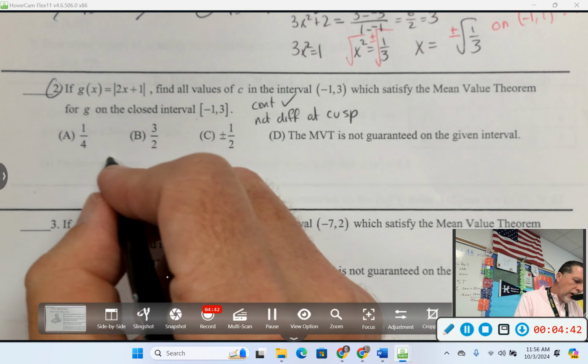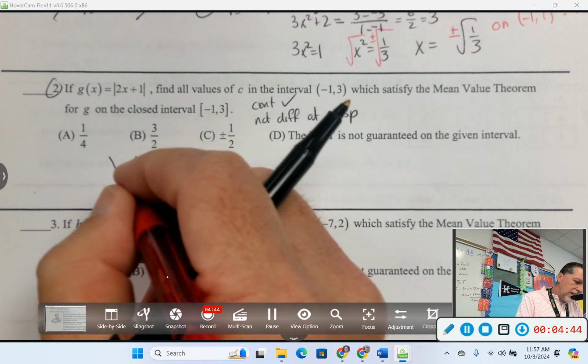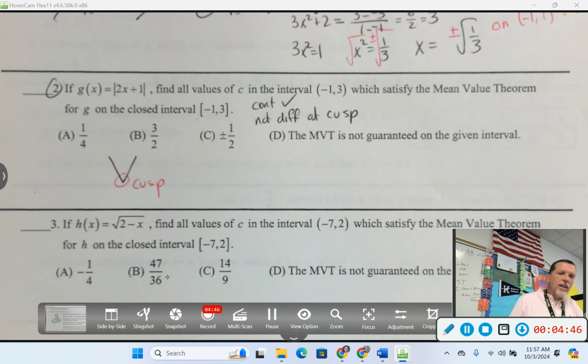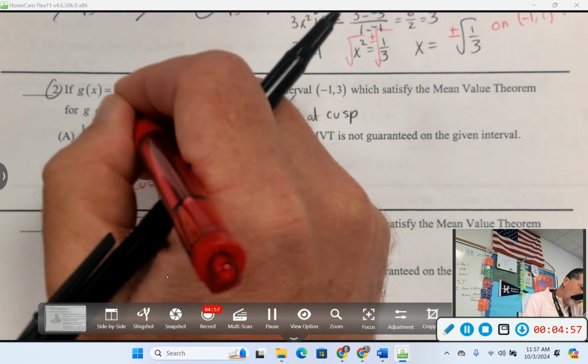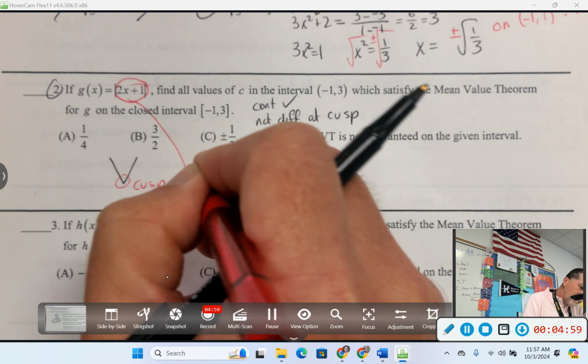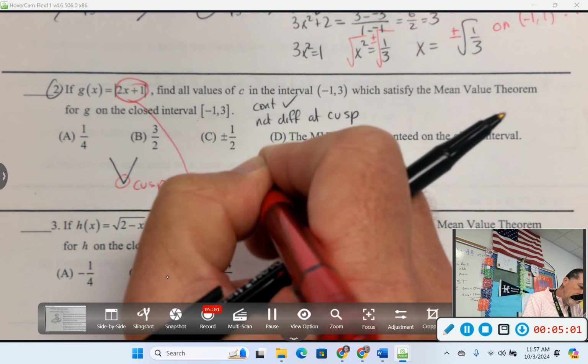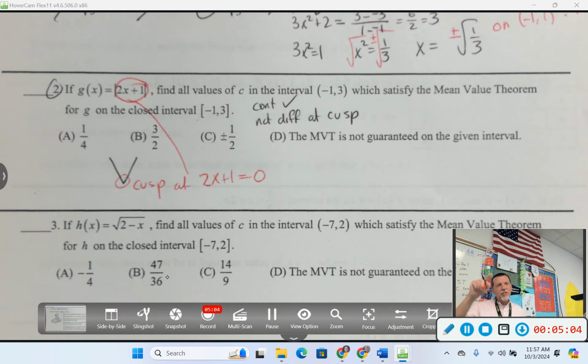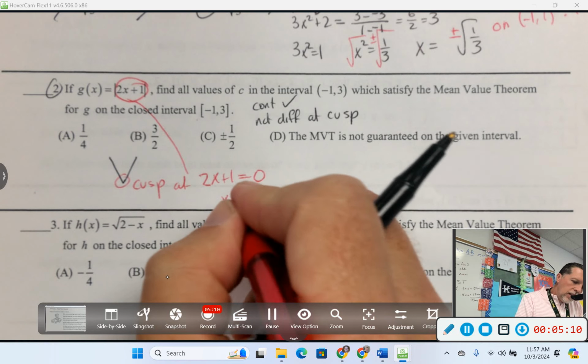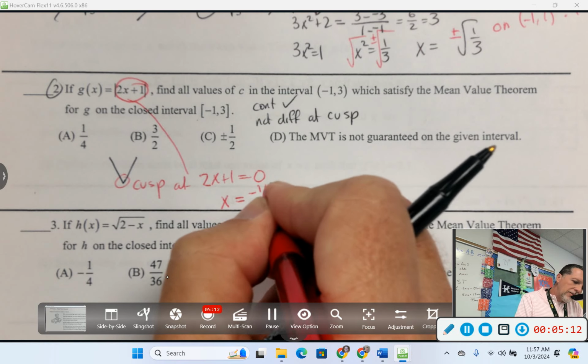So how do I figure out where that cusp is? Do you know how to figure out where the cusp of an absolute value is? It's where the inside equals 0, because that would be where it makes the change from being positive to negative. It's at its lowest point there. So there's a cusp at -1/2.